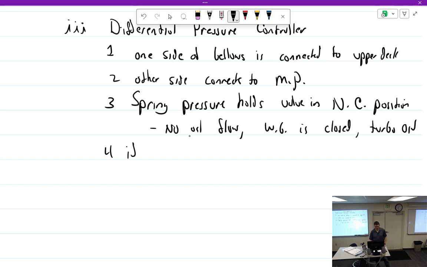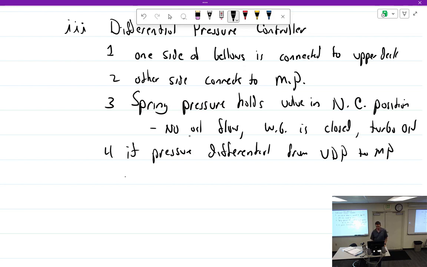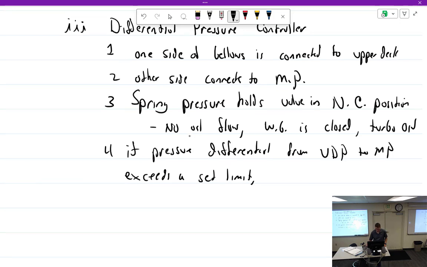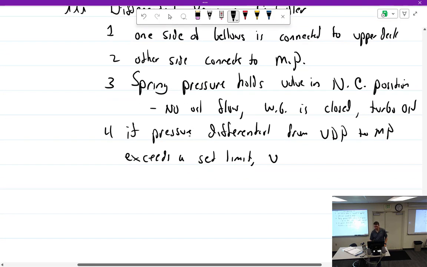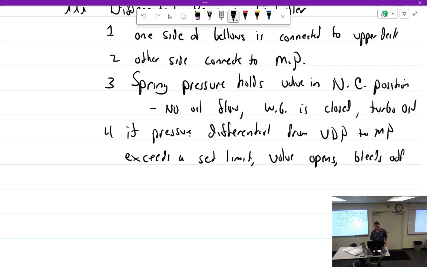So if pressure differential from upper deck pressure UDP to manifold pressure MP exceeds a set limit, valve opens, bleeds off oil.